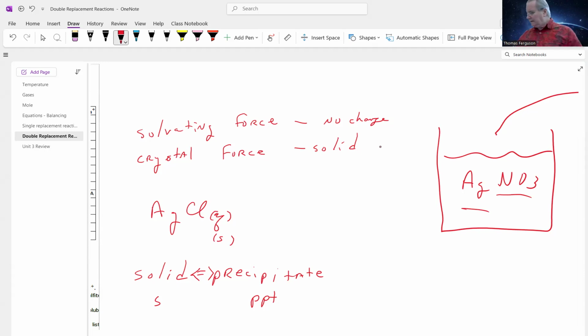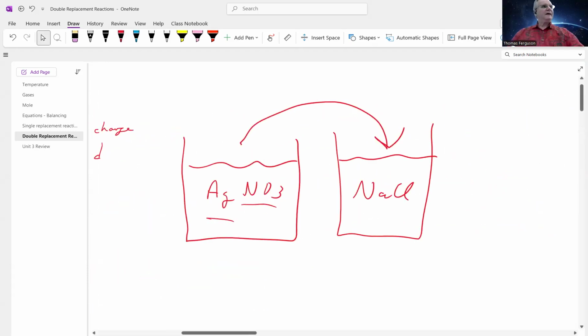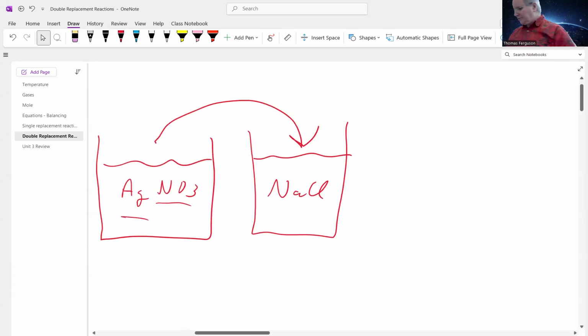Okay, so we're going to put silver nitrate, and it's nice and clear, so we know that they're separate. We have sodium chloride mixed in water, also not forming a solid. When we mix these two together, though, we have a new possible combination.